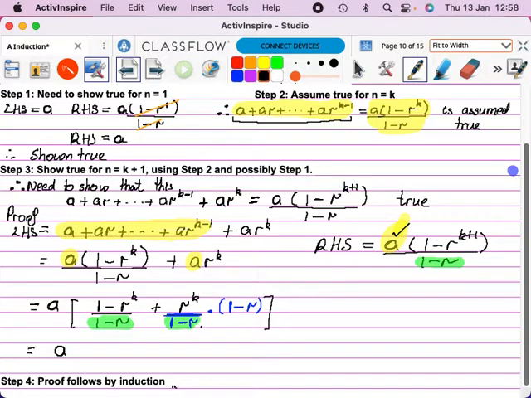So I'm going to bring it out and I'm going to put it underneath the a without any loss of generality. So now I've got 1 minus r to the power of k. And I do feel like at this stage I should be cutting a few corners. So the 2 greens have come out. So all I've got to do now is r to the power of k times 1.